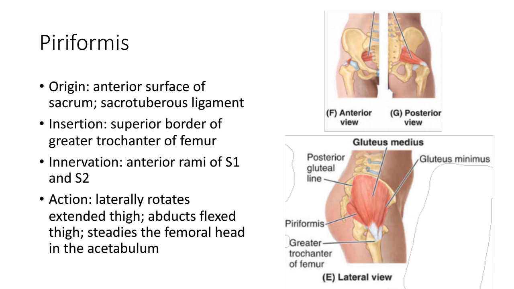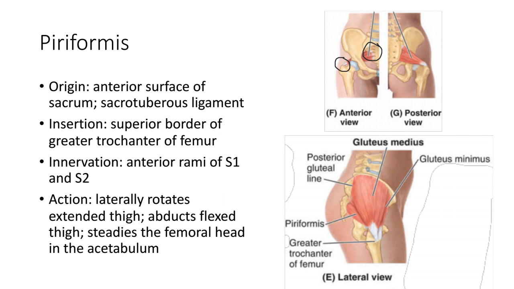For the piriformis, the origin is the anterior surface of the sacrum and the sacrotuberous ligament, and then it crosses behind the ilium and pubis, and it inserts onto the superior border of the greater trochanter of the femur.